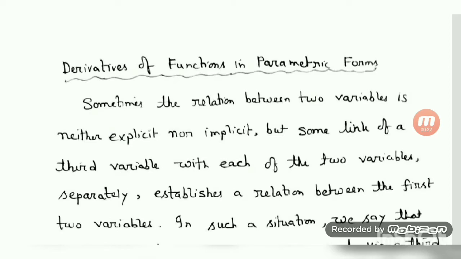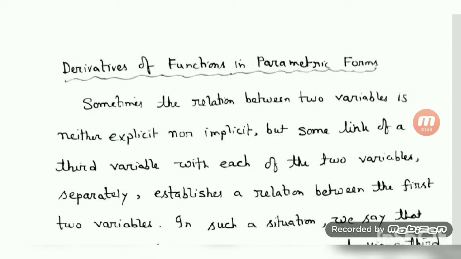Explicit means when either x is expressed in terms of y or y is expressed in terms of x. Implicit means x and y are related but they cannot be separated from one another.